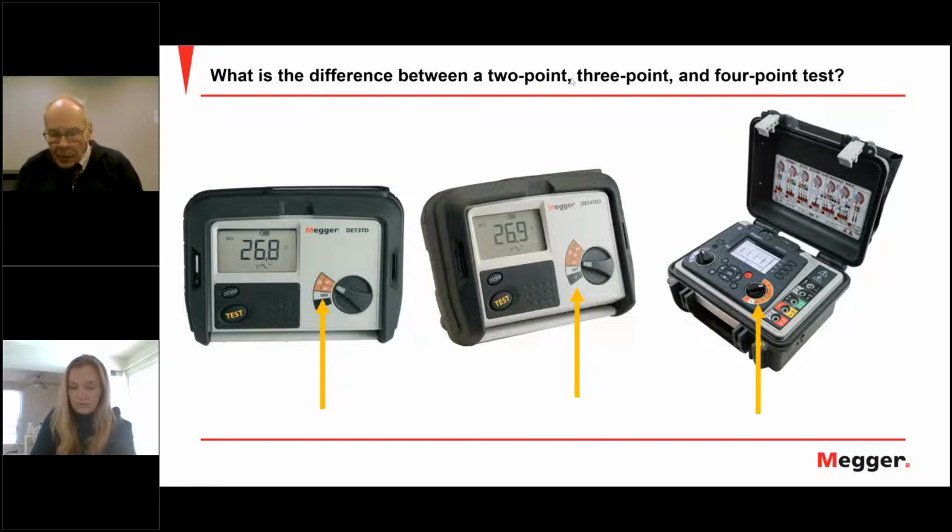But then maybe 6 months from now, especially if you're a testing service or somebody like that, you're going to get a proposal for a job where you need soil resistivity, and uh-oh, I can't do it. I don't have the tester for it. So just look into your crystal ball, and if you think you may get that type of job, then make sure that you're prepared by having a 4-terminal tester.